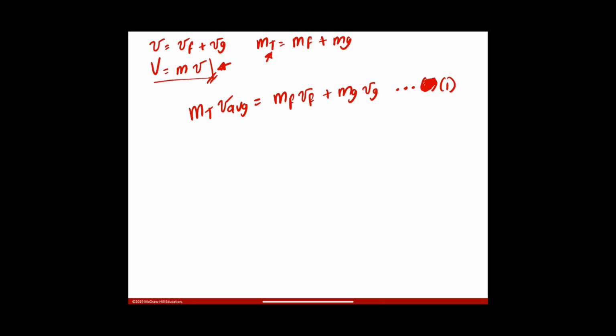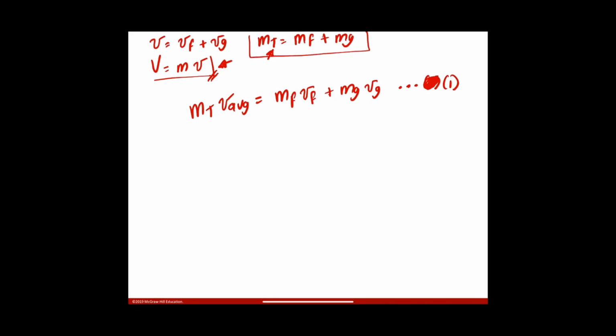Okay, what other equation do I need? I'm going to grab this equation that I wrote on top, and I'm going to solve it for mass of the fluid. Mass of the fluid is equal to total mass minus mass of the gas. And I'm going to call this equation number 2, and I'm going to take 2 into 1. How do I do that?